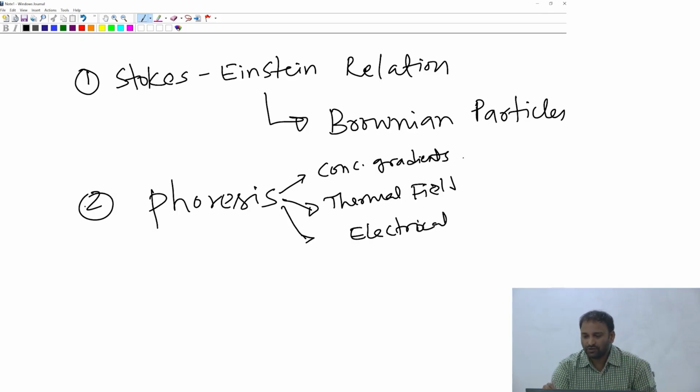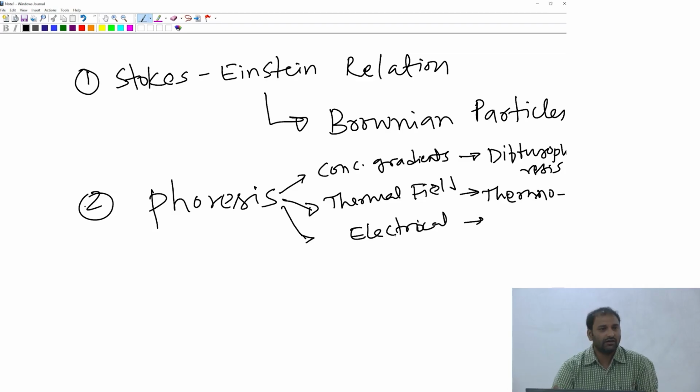If you set the particle into motion by exploiting the concentration gradient, this is called diffusophoresis. If you use thermal fields, it is thermophoresis. And if you use an electrical field, it is called electrophoresis, right?